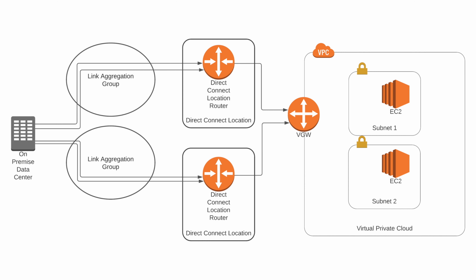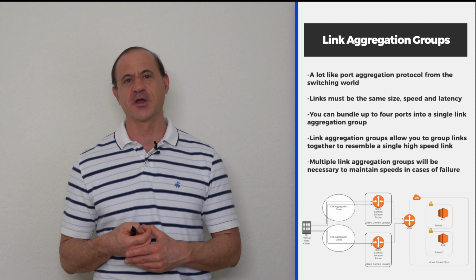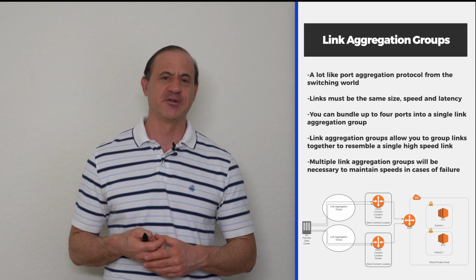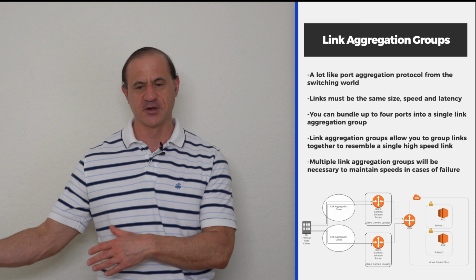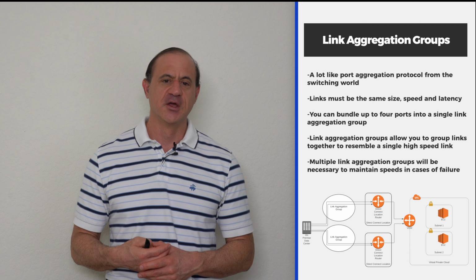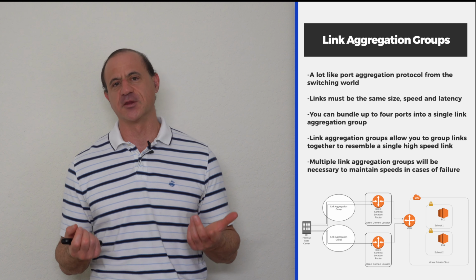But in general, if you're in the place where you're actually doing link aggregation groups, you're probably going to have to do another link aggregation group through another direct connect location. Because if you need 40 gigs right now to get through on your primary connection, what's going to happen if you fail over into the VPN to maybe a 1 gig or 10 gig internet connection, and then you're running a tunnel? So with link aggregation, you can take multiple groups and combine them together.